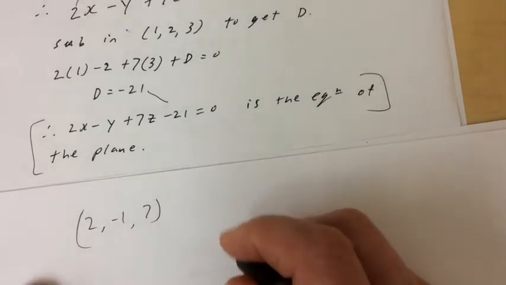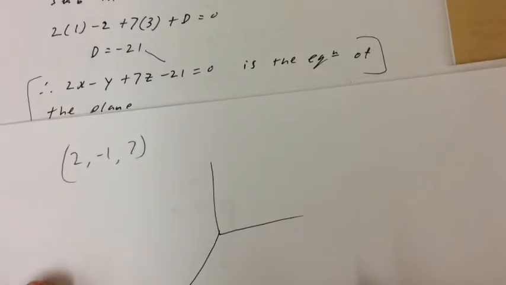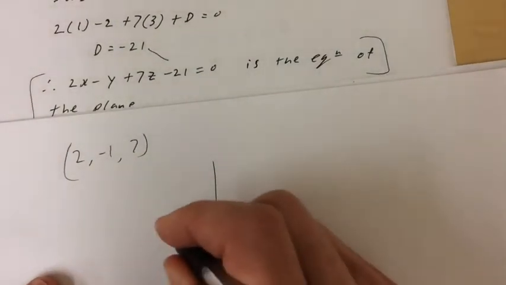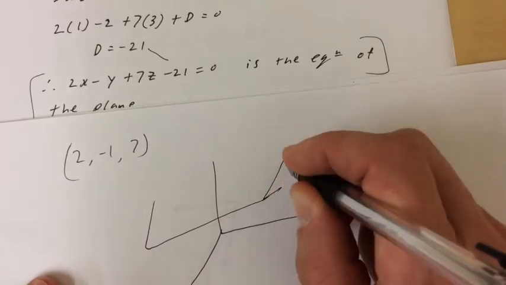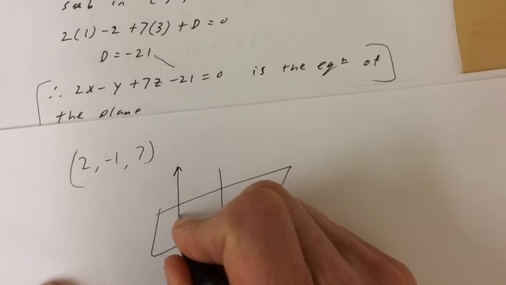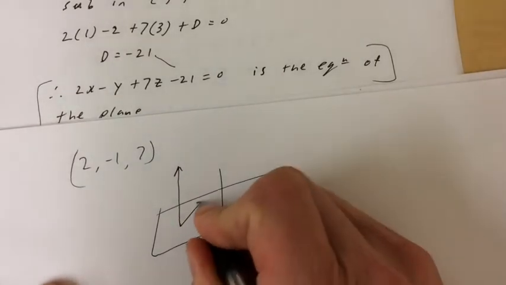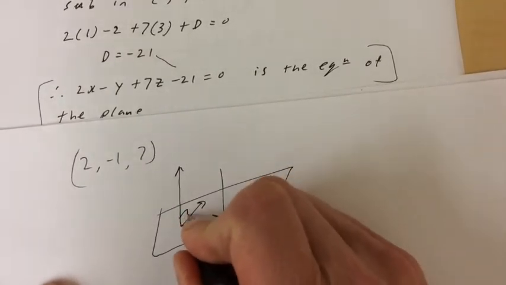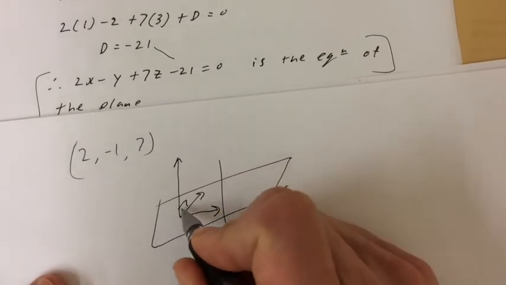Okay, so you've got the plane looks something like that, and you've got a normal vector to it. How do you find 2 vectors that are perpendicular to that normal?